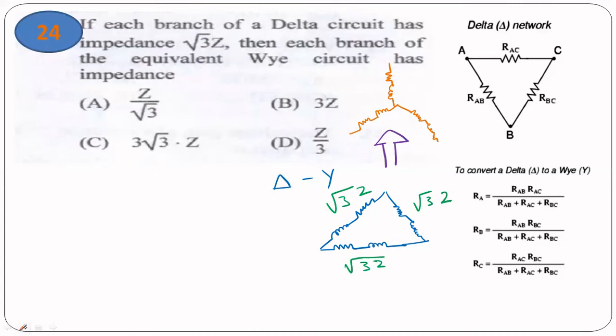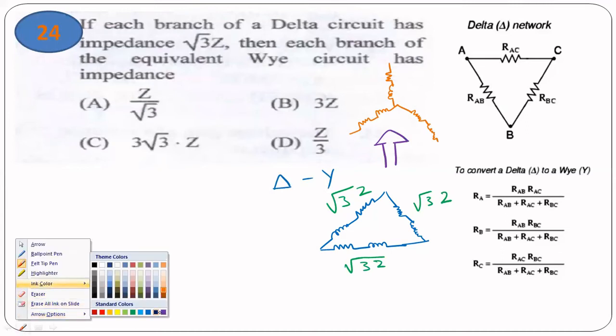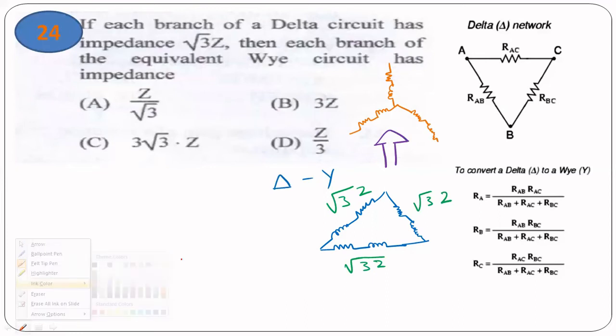For each element, whatever is given here as √3Z, how much will it be in the form of star connection?